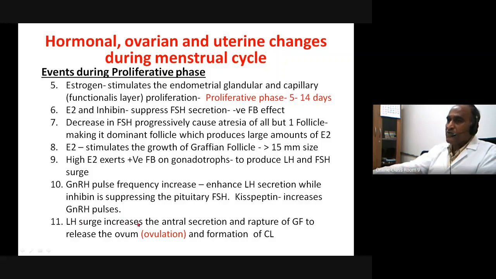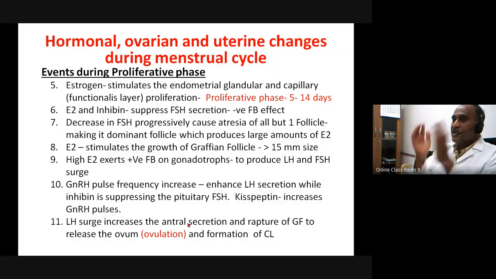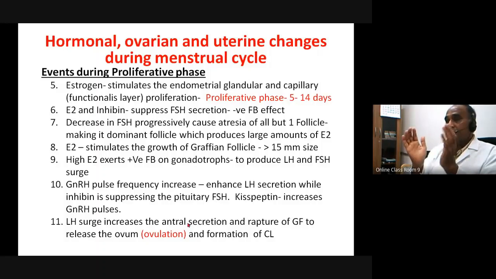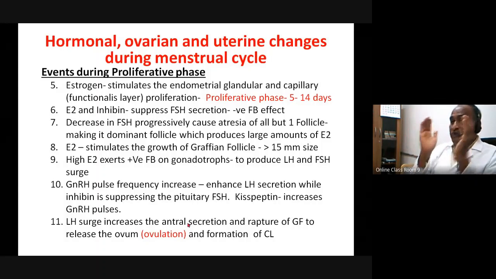With the LH surge, what happens? The enzymatic secretion increases. The increased enzymatic secretion produces some biophysical and chemical changes, and that makes the Graafian follicle rupture. So now this rupturing releases the ovum.